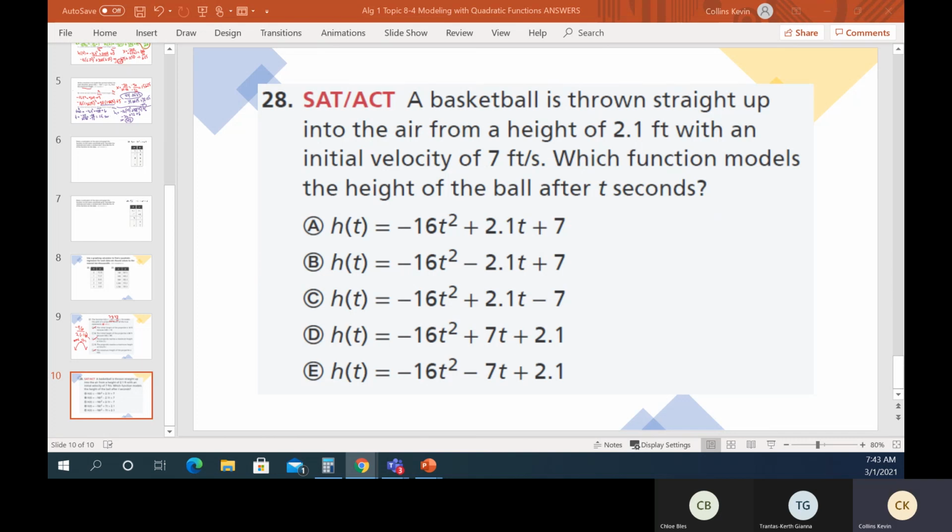All right, so what do we think here? It says our initial height is 2.1. So remember we said that the initial height is just a regular number. So if we need just a regular number of 2.1, which ones can we eliminate right now?